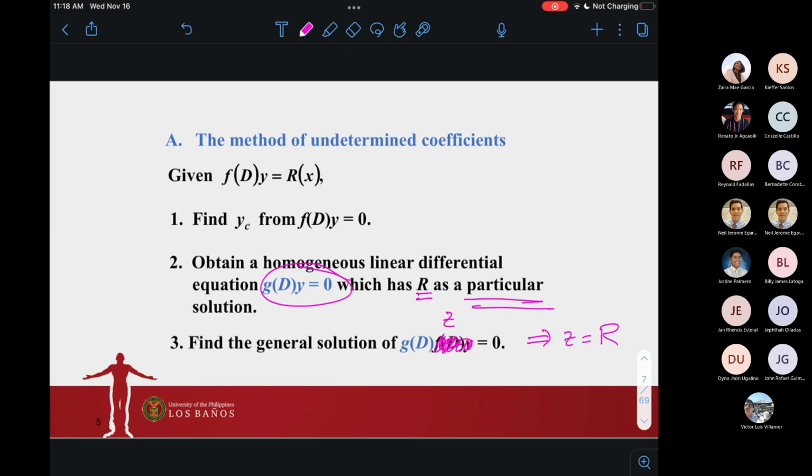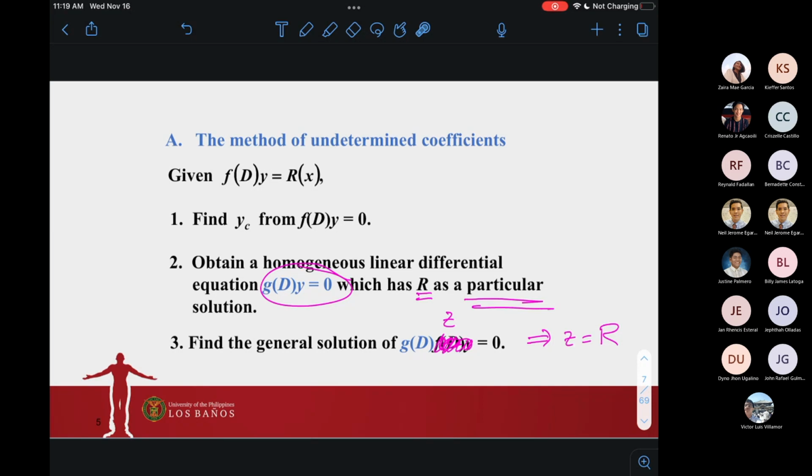Kasi ganun natin pinili si G. Ganun natin din-assign si G. Ang R ay particular solution ni G of D applied to Y. So, if I have this G of D applied to Z equal to kay 0, so ibig sabihin by design, by purpose, ang Z ay equal kay R.